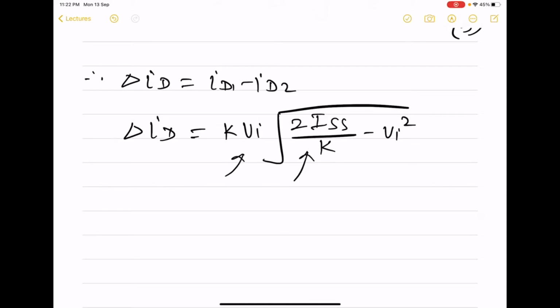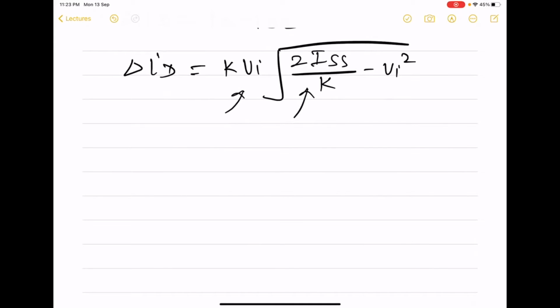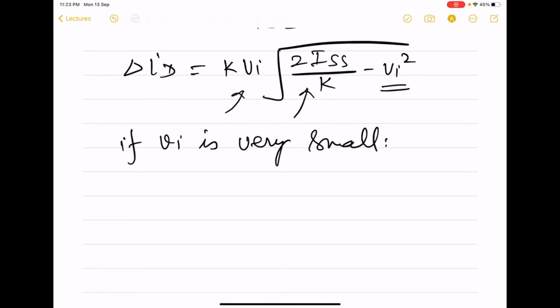So in this equation, if we take Vi to be very small, such that this Vi square becomes even smaller, and then this Vi square is negligible compared with the 2I SS by K term.